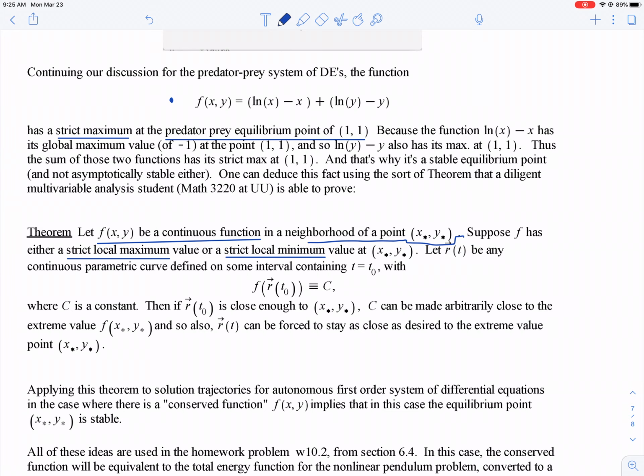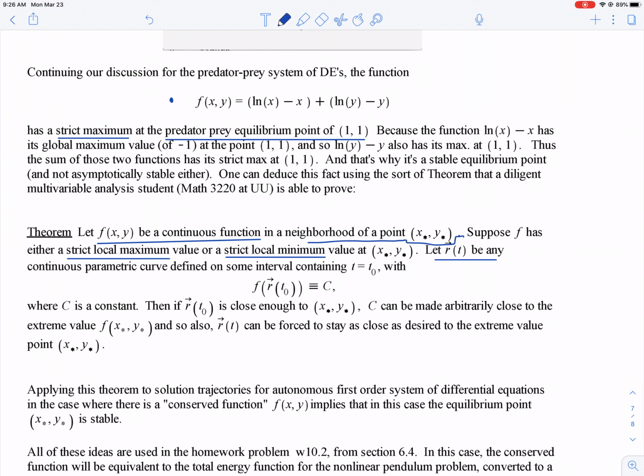Let R of t be any continuous parametric curve defined on some interval containing an initial point t naught, so that f of R of t naught is constant, in other words, R of t lives on one of the contours for the function f.